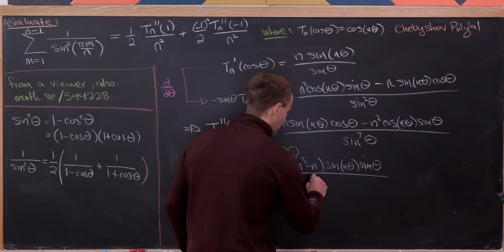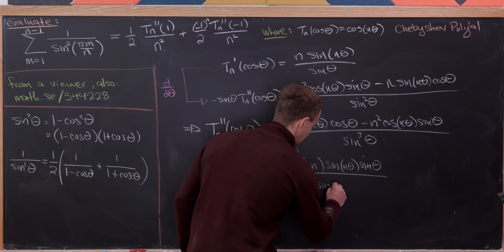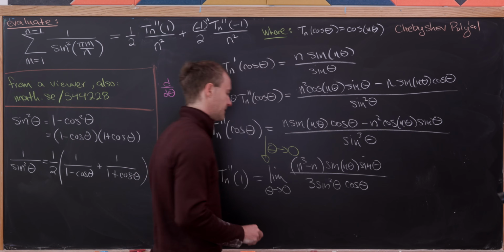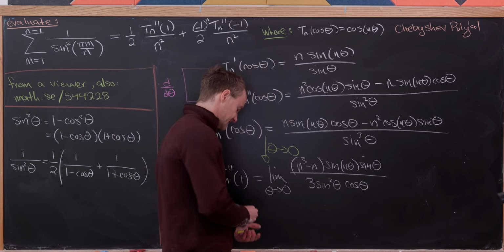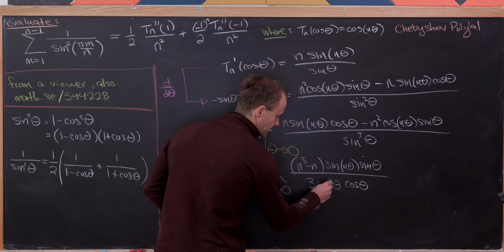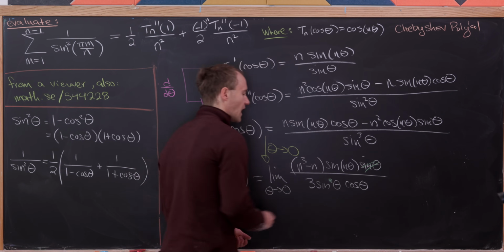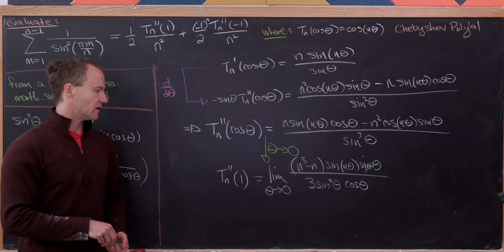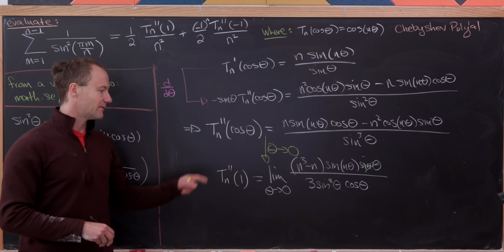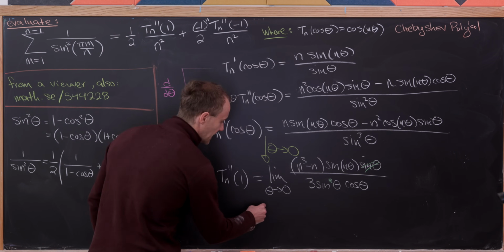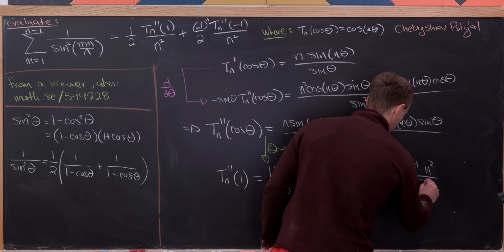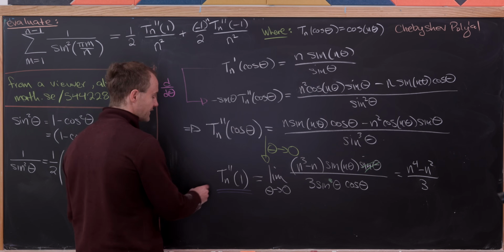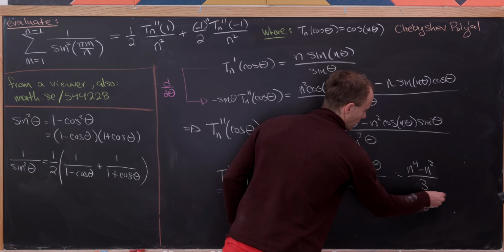And the derivative of the denominator using the chain rule will give us 3 sine squared theta over cosine theta. But now one of these sine thetas will cancel with the sine theta in the numerator. So let's make that happen. And then the other one, the sine n theta over sine theta, well, that limit will be equal to n. In the end, giving us a value of (n^4 minus n^2) over 3. So that's the value of our Tn double prime of 1.